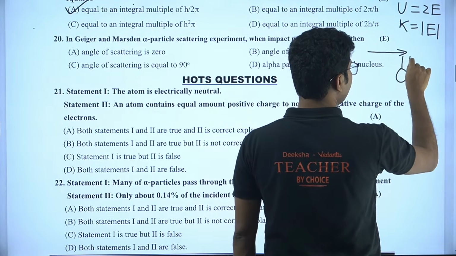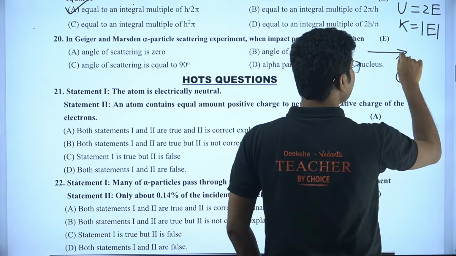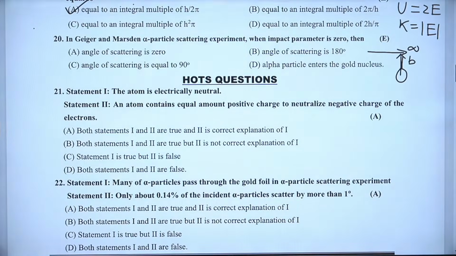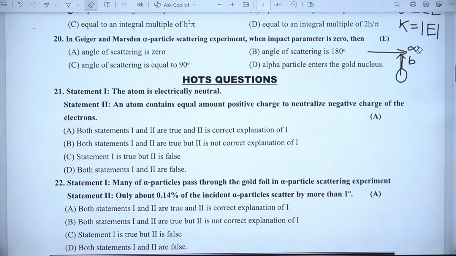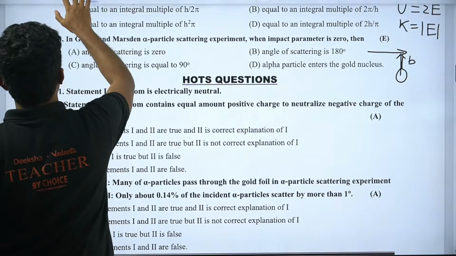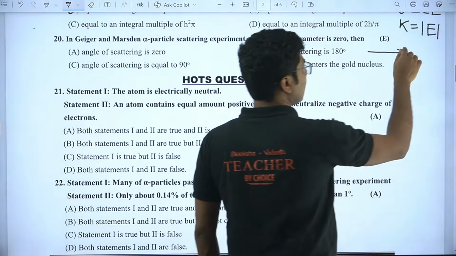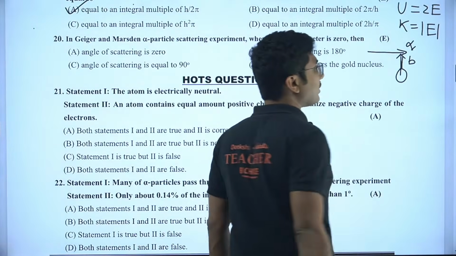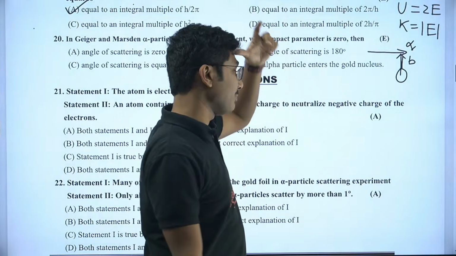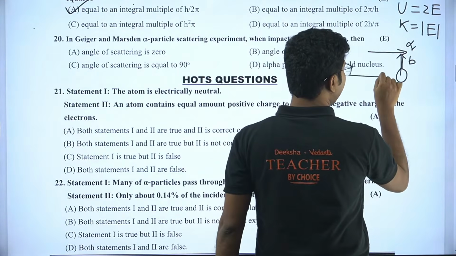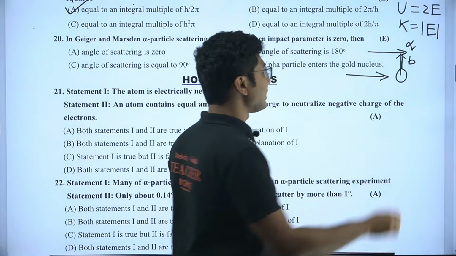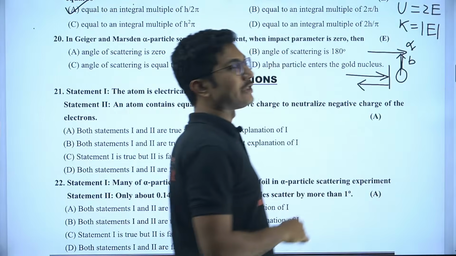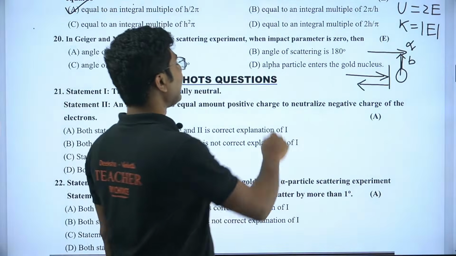So this distance is called the impact parameter, the distance between the center of the nucleus and the alpha particle's trajectory. If the impact parameter is 0, it goes straight towards the nucleus, and after the minimum distance of approach, it will directly come back. So at this point, the scattering angle will be 180 degrees.